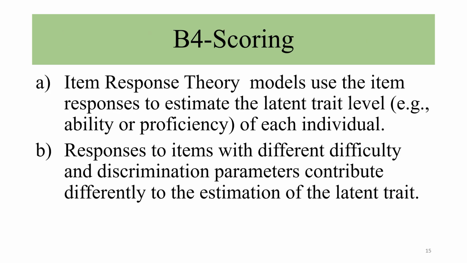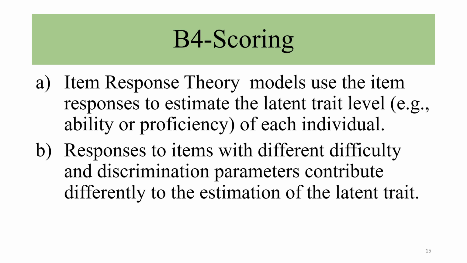Scoring. Item response theory models use the item responses to estimate the latent trait level, ability or proficiency, of each individual. So item response theory emphasizes the individual item scores and their use in dividing students according to their ability level. They are not interested in total scores.